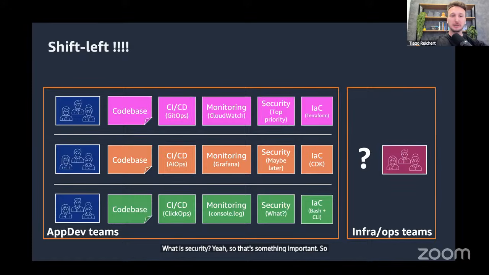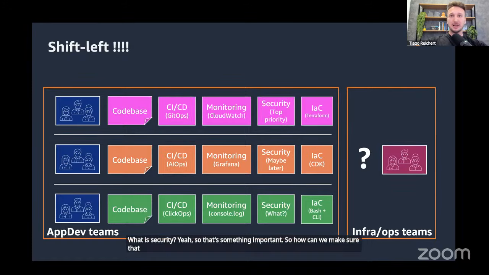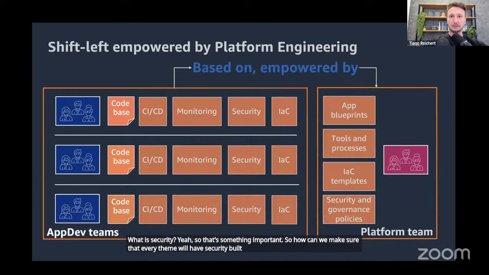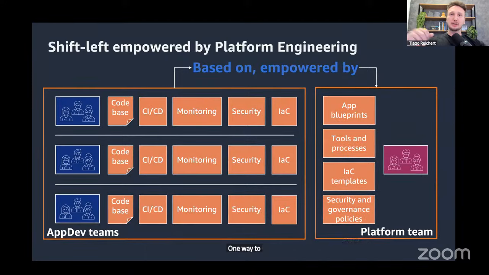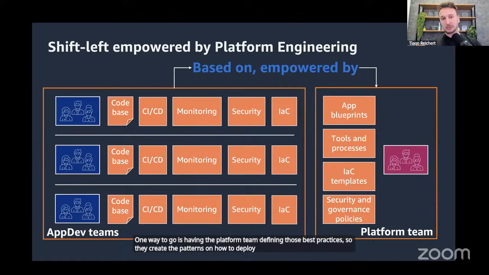So how can we make sure that every team will have security built into their applications? One way to go is having the platform team define those best practices. So they create the patterns on how to deploy the applications on Kubernetes, so Kubernetes objects at the end, but also the infrastructure related to those applications, such as queues, databases, and so on.